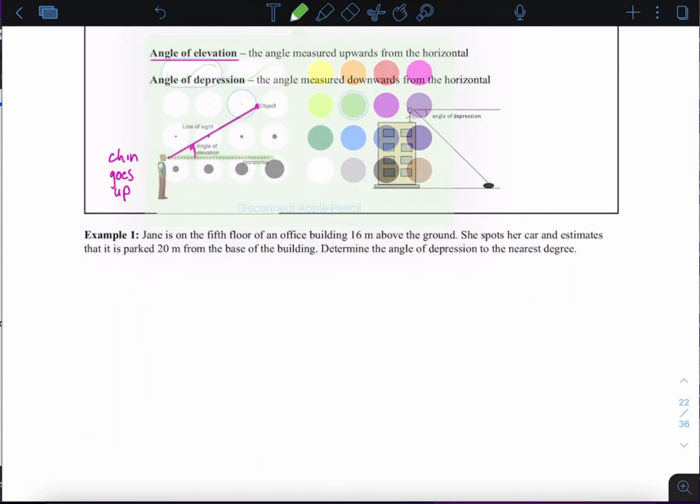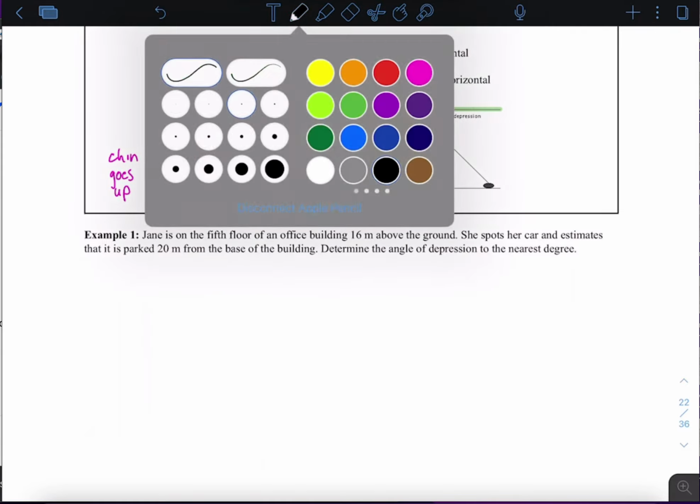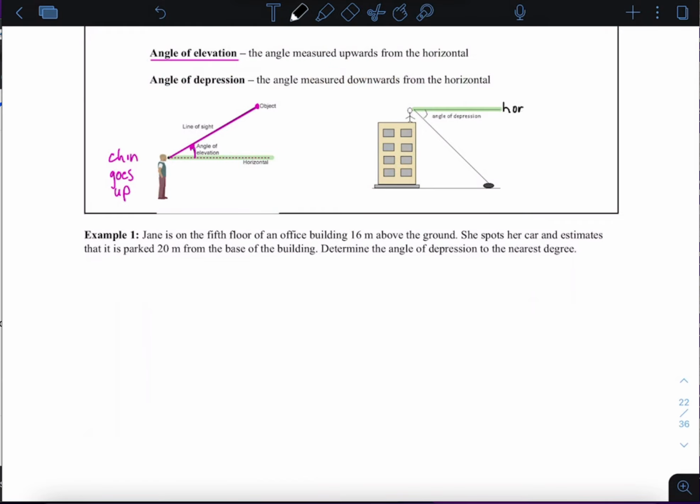Same deal if you're looking down. So let's say you're high up somewhere, like standing on a building, and you're looking down, or even if you're sitting in the building in a window looking down, you still have this idea of a horizontal. So a horizontal is if you took your line of sight straight out, parallel to the ground, that would be your horizontal.